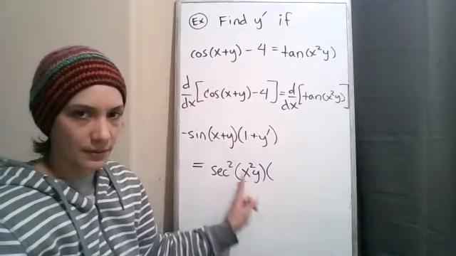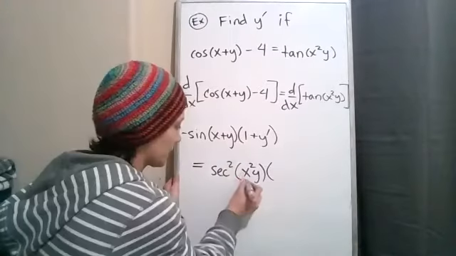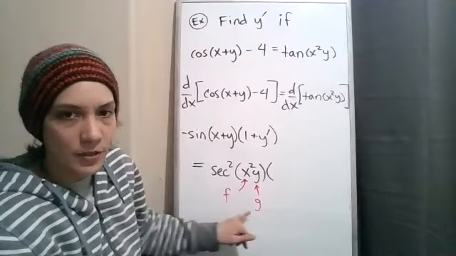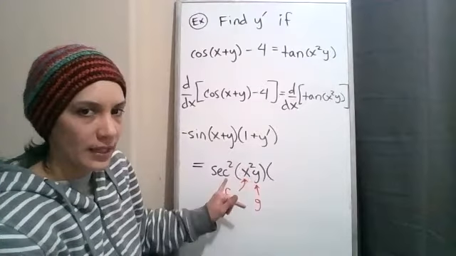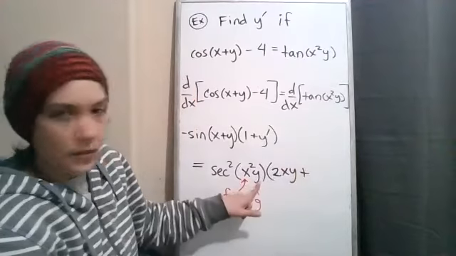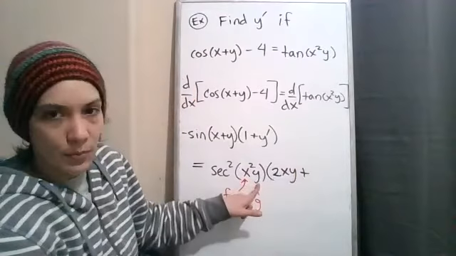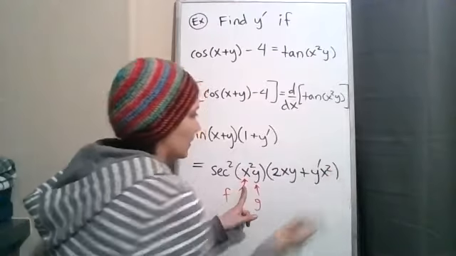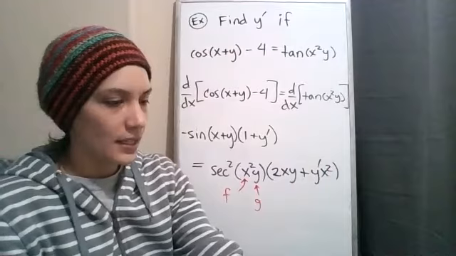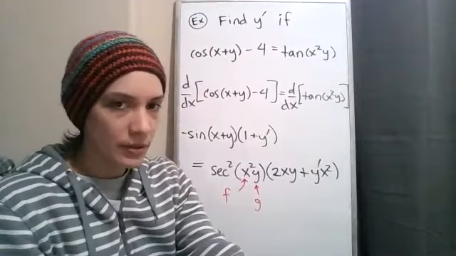I'm going to call x squared f, and we're going to call y g. So it's f prime g plus g prime f. F prime would be 2x. Add g prime f. And I think that's it. I just need to distribute everything and then isolate y prime.